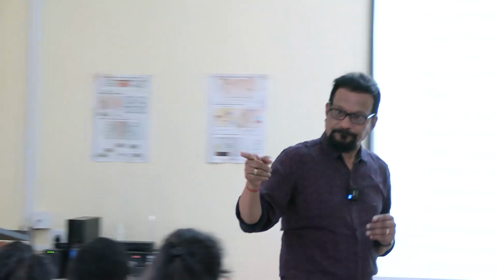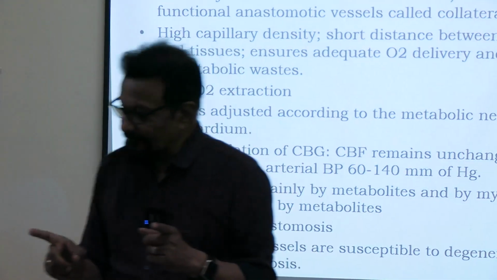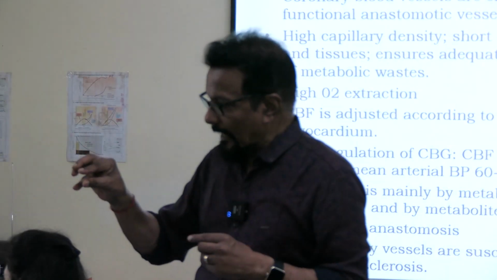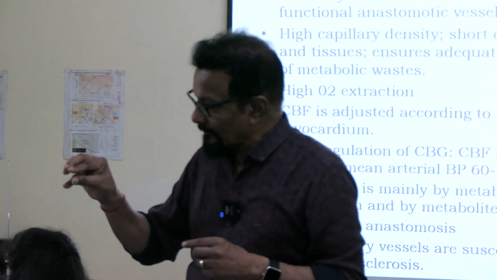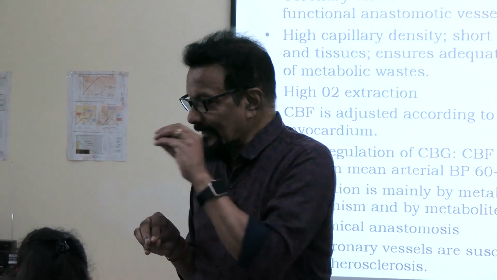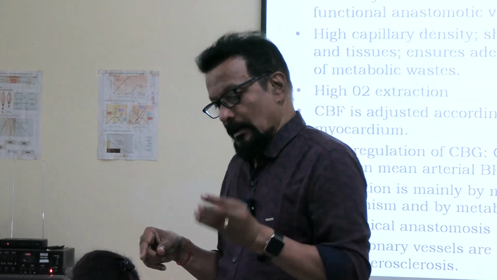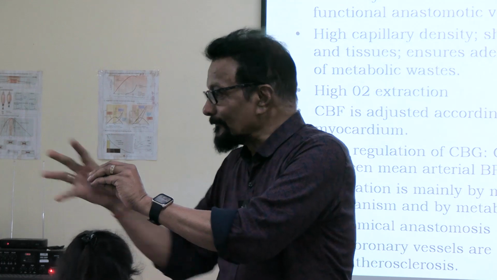So in this way, you got the points? What is the point? What happens when blood flow to the myocardium is reduced? This will cause less supply of oxygen. Less supply of oxygen means less supply of blood.